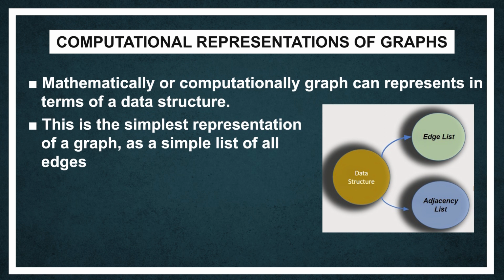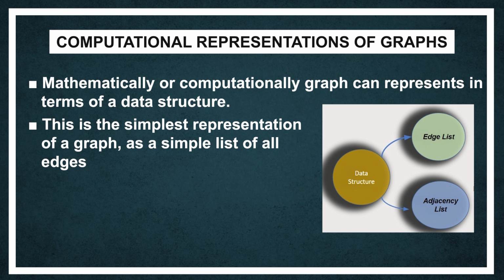The edge list is the simplest representation of a graph, as a simple list of all edges. Although inefficient for computations, it happens to be the easiest way to store graphs in a file and exchange them in a human readable format.